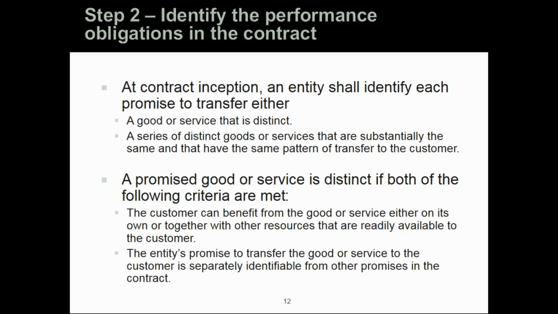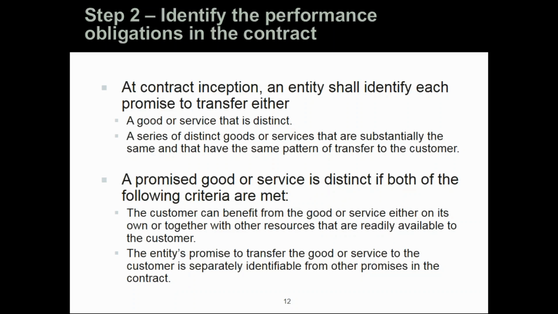So I want to use a basic example here. Assume a manufacturing entity that makes machines. If you entered into a contract to build a machine for a customer, and the only obligation was to build a machine, the assumption would be that the customer's employees can install the machine on their own. That would just be one performance obligation.